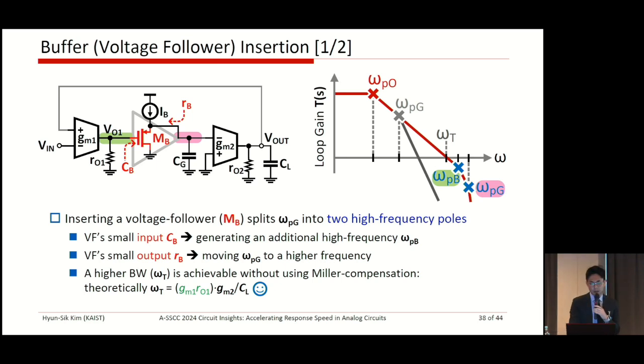Then what is the equivalent bandwidth? That is GM2 times GM1 times R1. So actually, the first stage, GM1 R1, works as the boosting factor of the total transconductance. This is the significant improvement.